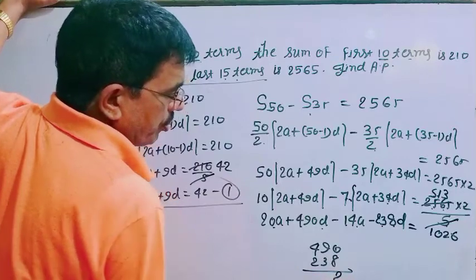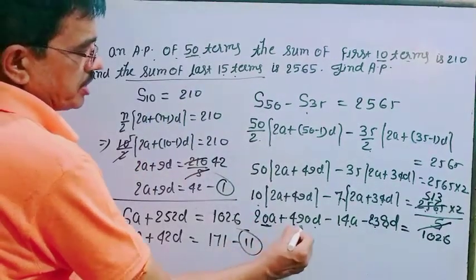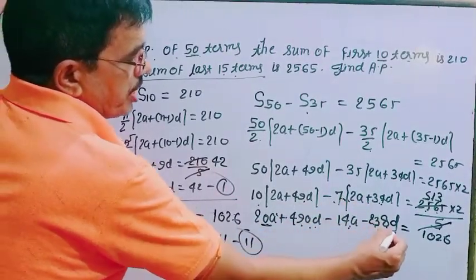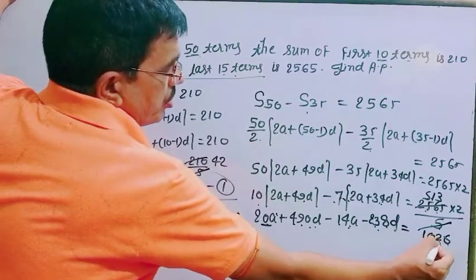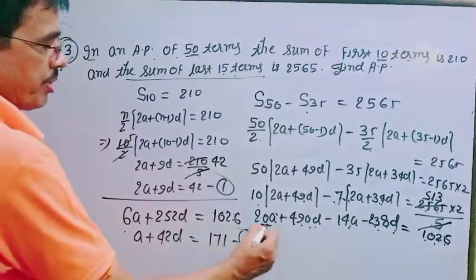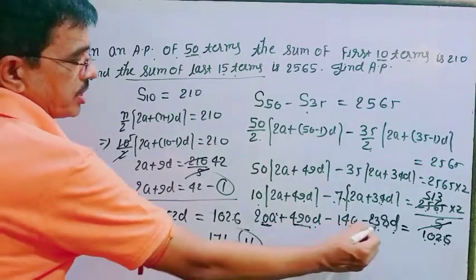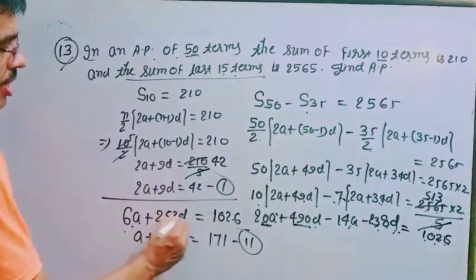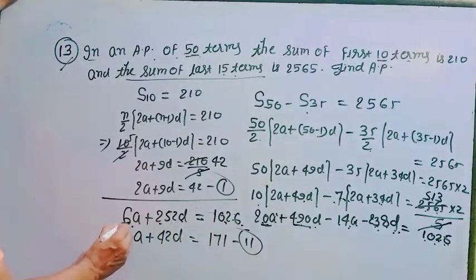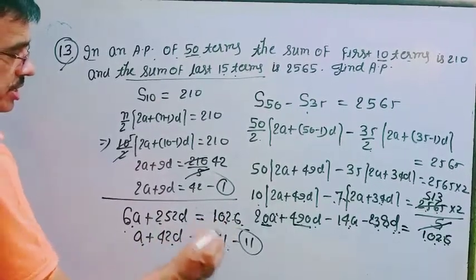Now dear student, you subtract 20a minus 14a, that is 6a. 490 minus 238 you get 252d is equal to 1026. Here take 6 as common, then 6a plus 42d, and divide by 6, then you get 171.